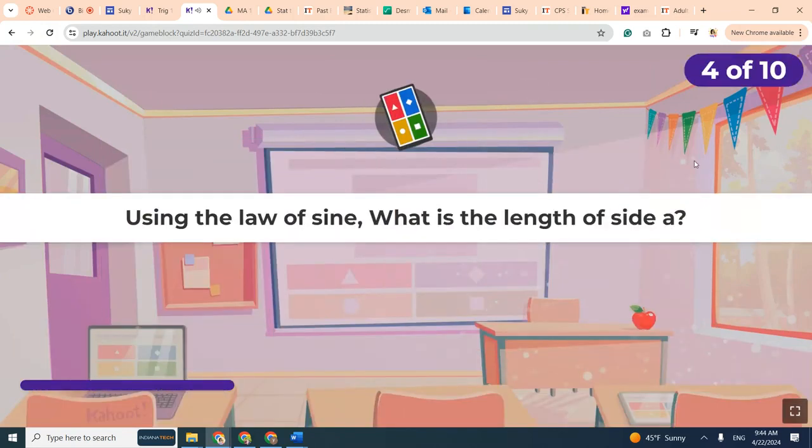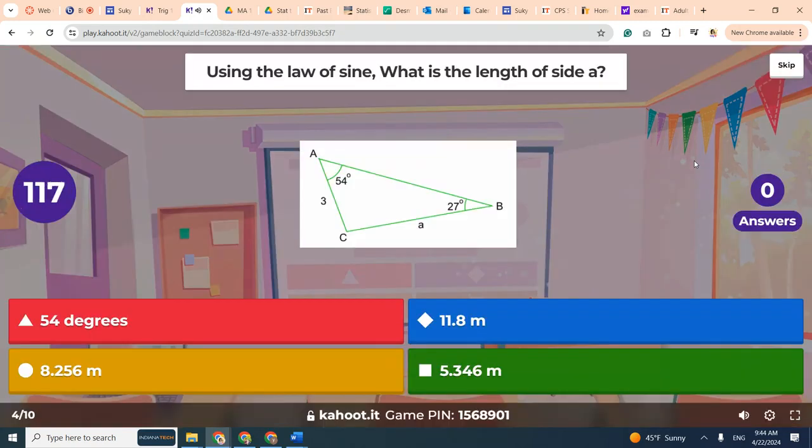Next, use the law of sine. What is the length of side A? You also got 2 minutes.